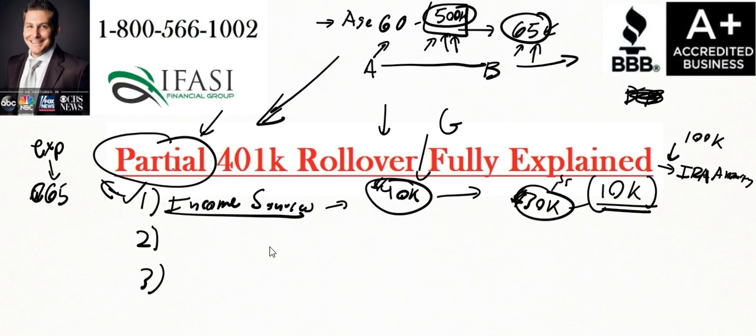$30,000 of Social Security income, $10,000 from the IRA annuity income, and they'll be able to live, and that will stay consistent with them for the rest of their life, or them and their spouse's life, depending upon how they set that up. So what this tells us is we just did one partial 401k rollover into a specifically designed IRA annuity account.